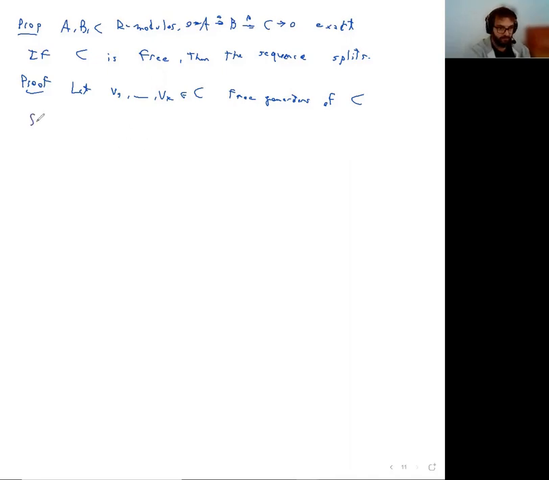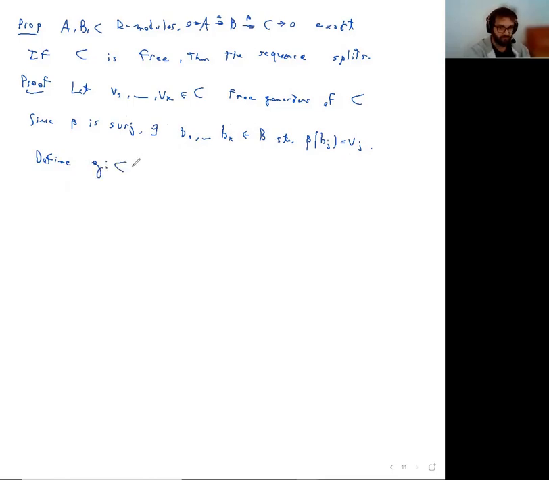And the sequence is exact, so beta is surjective. Therefore, there must be some elements which map to this basis. And now we know that we have to define G as some kind of inverse to this beta.